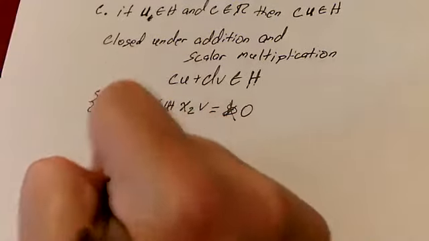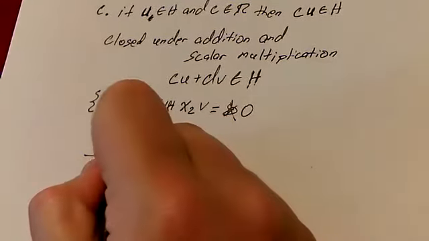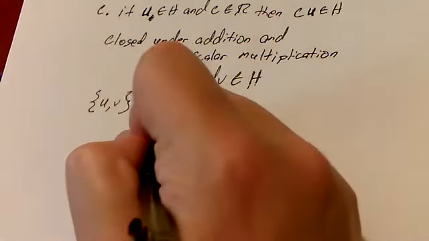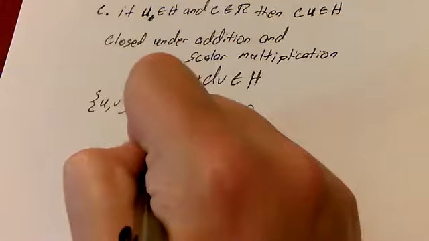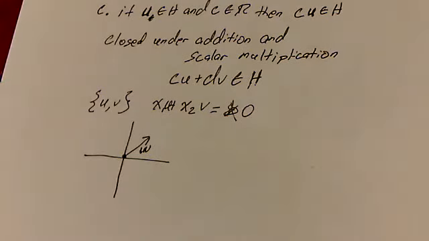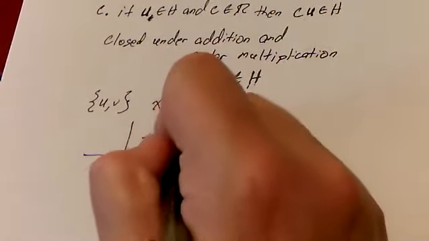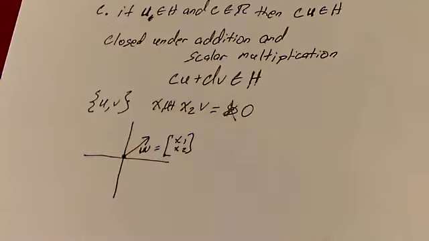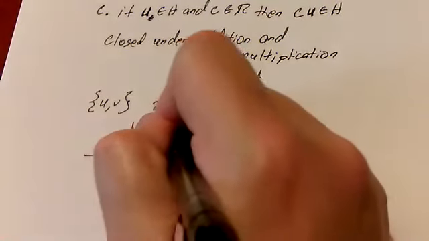start out at the origin. Okay? Now, I could have another solution, maybe a vector w, where w is equal to x1, x2. That solves this homogeneous equation. And then I would get all the multiples of it.